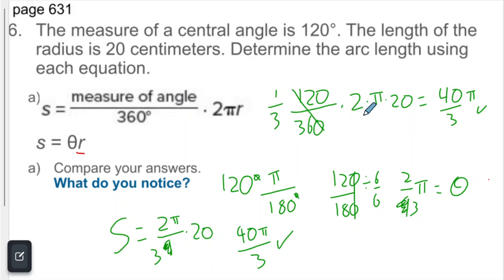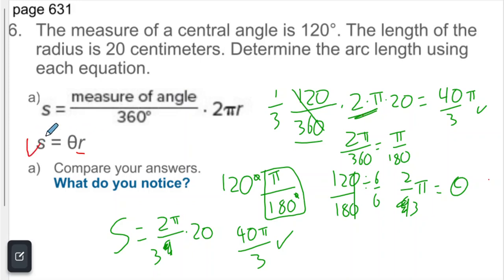That conversion is the 2 pi and the 360, because 2 pi over 360 is the same thing as pi over 180, and that's the conversion I used in the first step. So these equations are the same. One's in radians, which is this one, one's in degrees, which is this one, and if I use each one appropriately, I get the exact same answer.